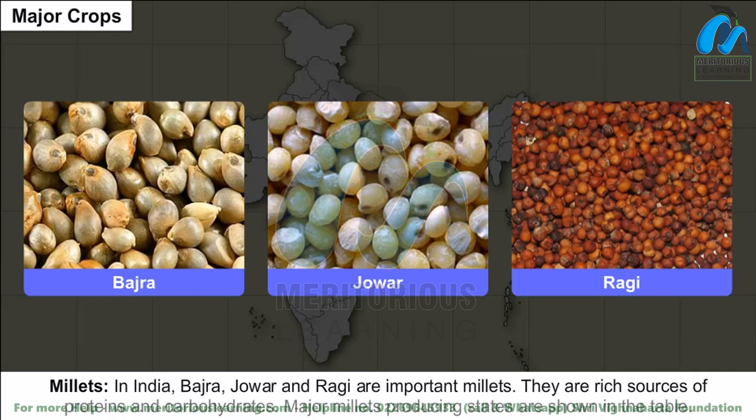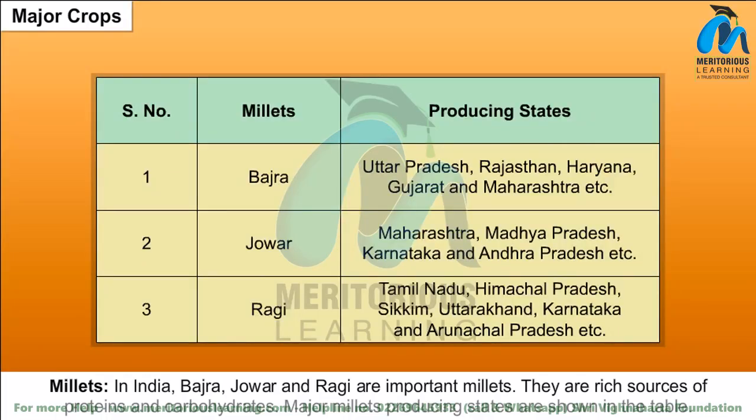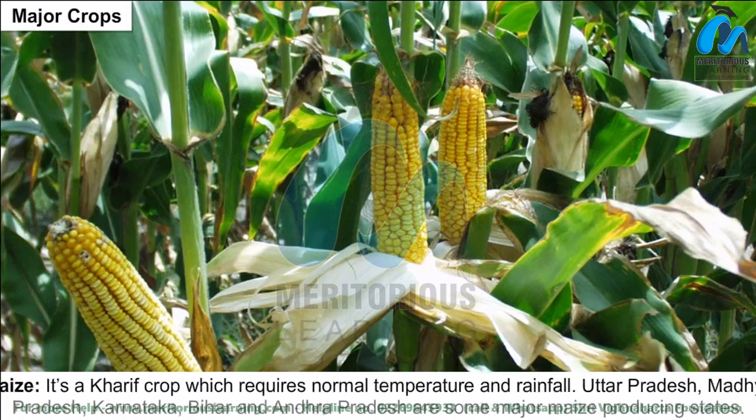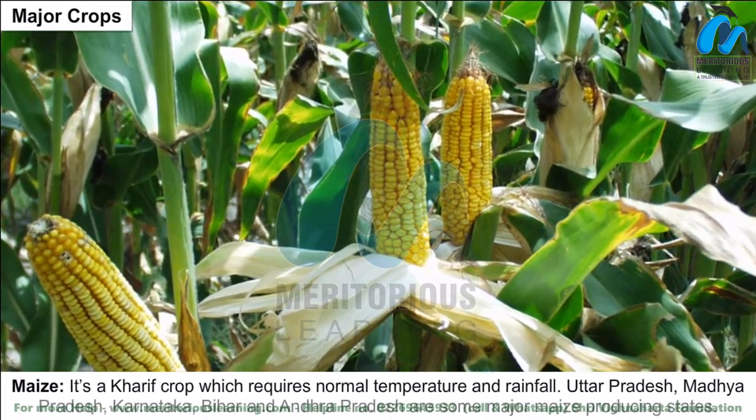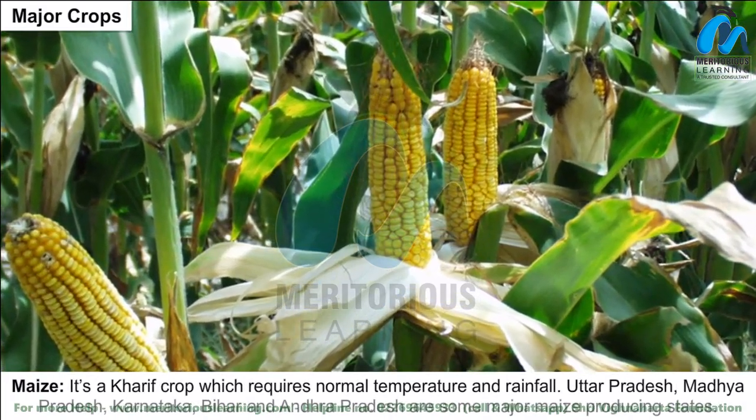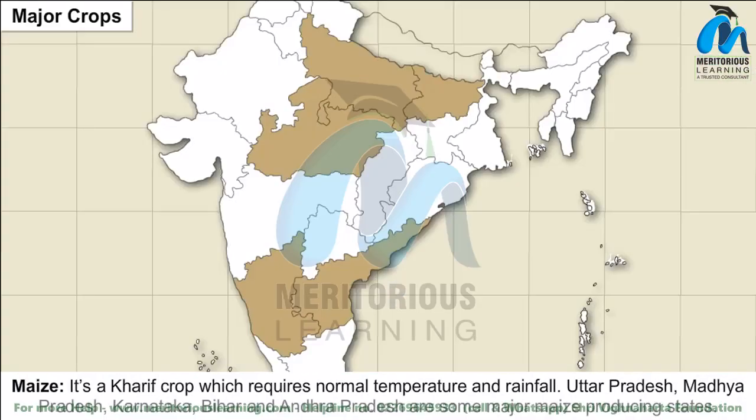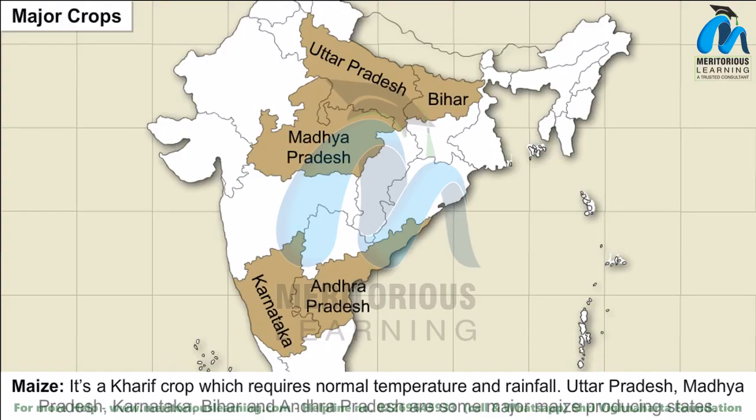They are rich sources of proteins and carbohydrates. Major millet producing states are shown in the table. Maize. It's a Kharif crop which requires normal temperature and rainfall. Uttar Pradesh, Madhya Pradesh, Karnataka, Bihar and Andhra Pradesh are some major maize-producing states.